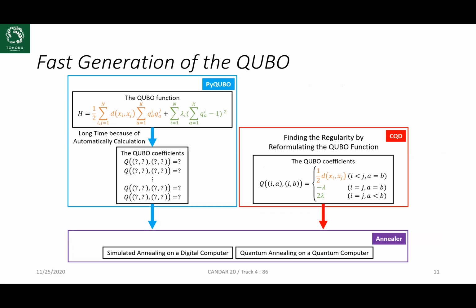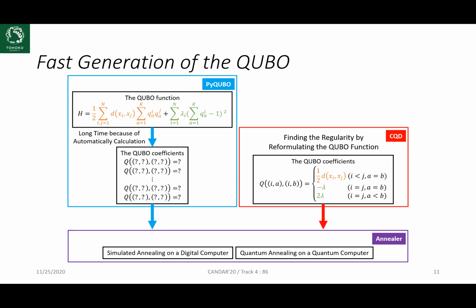Combinatorial clustering using annealing algorithms needs to generate a QUBO matrix that represents a QUBO problem to be optimized by SAEC. As it is difficult to generate the QUBO matrix, PyQUBO has been developed to save the effort of generating the QUBO matrix by programmers.